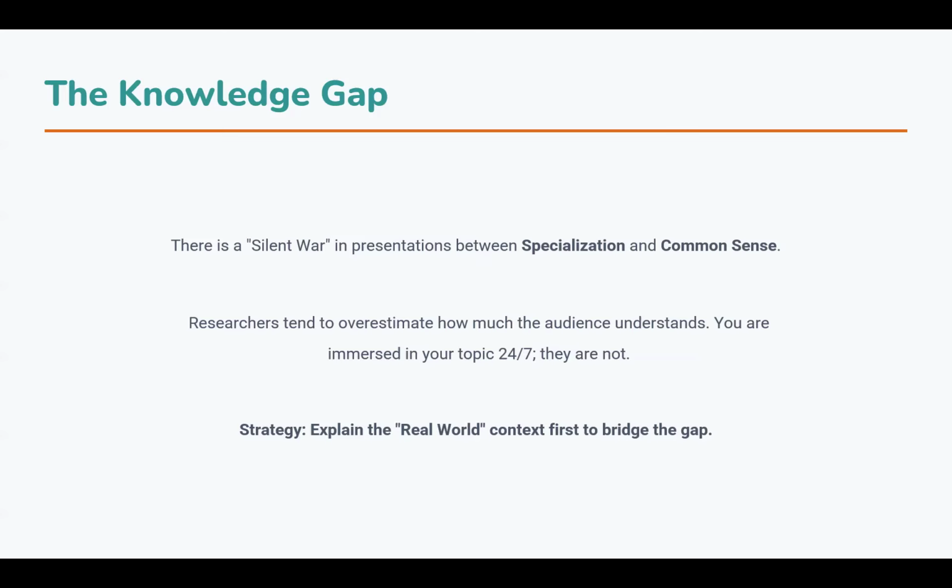There is a strategy to overcome this gap. What is it? Explain the real world context first to bridge the gap. Start your presentation by explaining the real world context first, so that this bridge between the infield and outfield can be very smoothly harnessed. So let's see how that could be done.